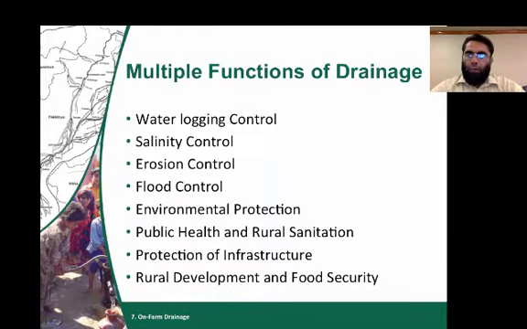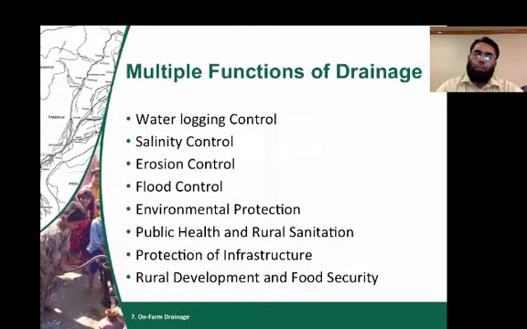There are multiple functions of drainage. Drainage is used for waterlogging control, salinity control, erosion control, flood control, for the protection of environment, public health and rural sanitation, and protection of infrastructure, rural development, and food security.